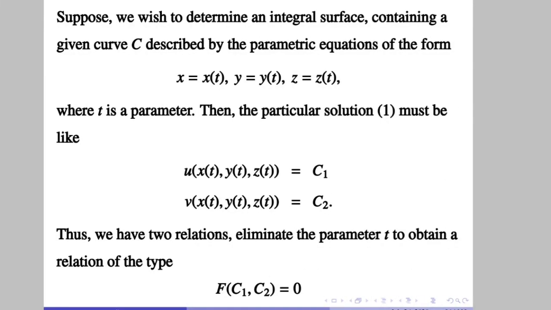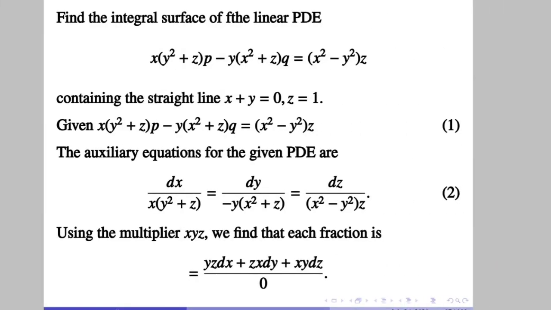Suppose we wish to determine an integral surface containing the given curve C described by the parametric equation of the form x is equal to x of t, y is equal to y of t, z is equal to z of t. The particular solution 1 must be like u of x of t, y of t, z of t is equal to c1. Then the solution f of c1 comma c2 is equal to 0.